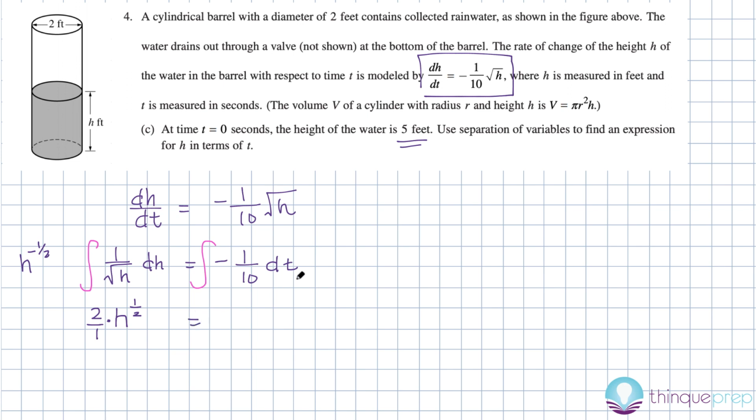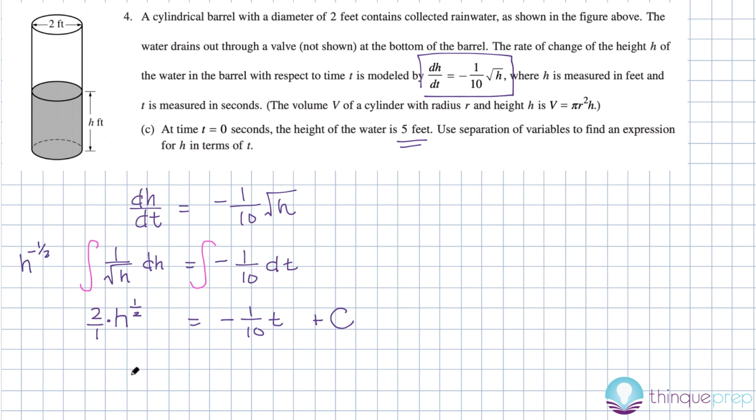And then on the right-hand side, we're taking the integral with respect to t, so this is just negative 1 over 10 t. Now don't forget, since these are indefinite integrals, I have to have a plus c somewhere, so I'm going to put it over here. If you do not put this, they're going to dock you many, many, many points.